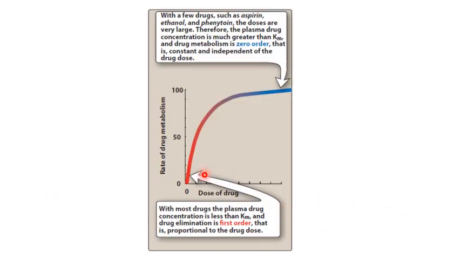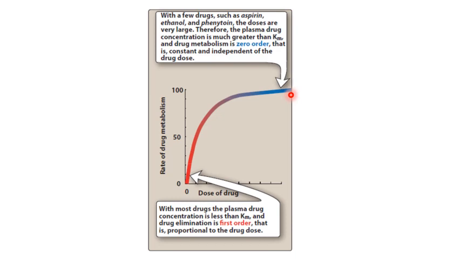This also presents the rate of drug metabolism with drug doses. For first order kinetics, we know that increasing drug concentration will increase the rate of drug metabolism, but when we reach a very high concentration, the rate will not be increased.